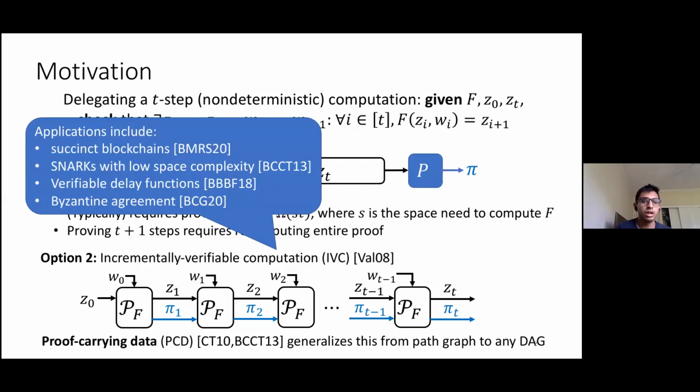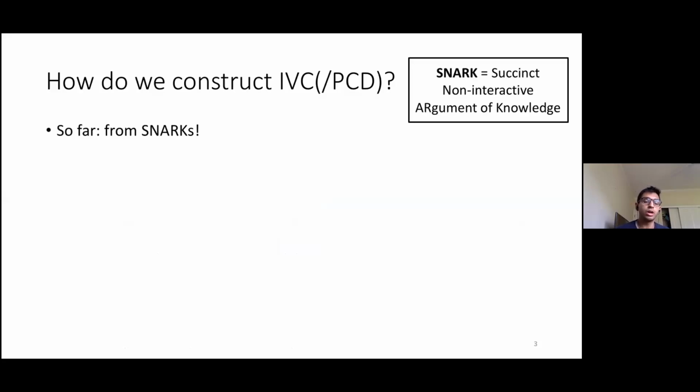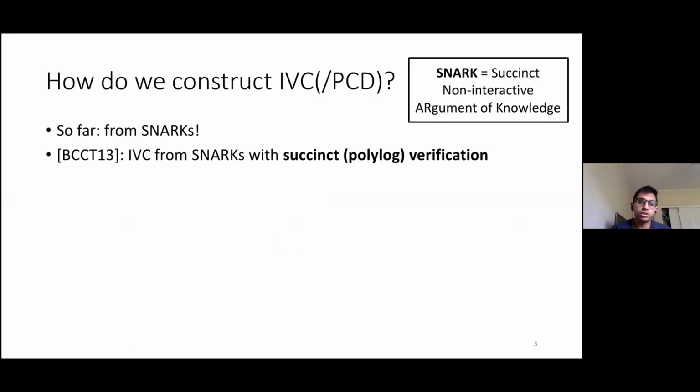Okay. So this seems like a useful primitive, but how do we actually construct IVC or PCD? So far, for the best constructions we know, you rely on SNARKs, right? Where a SNARK is just a succinct non-interactive argument of knowledge, so a very short proof. The original approach for constructing IVC from SNARKs relied on SNARKs with succinct verification, which means that verification is at most polylogarithmic in the circuit size of the complexity of f, for example.